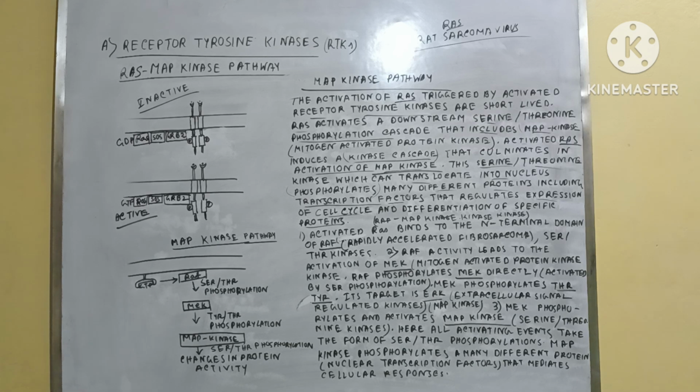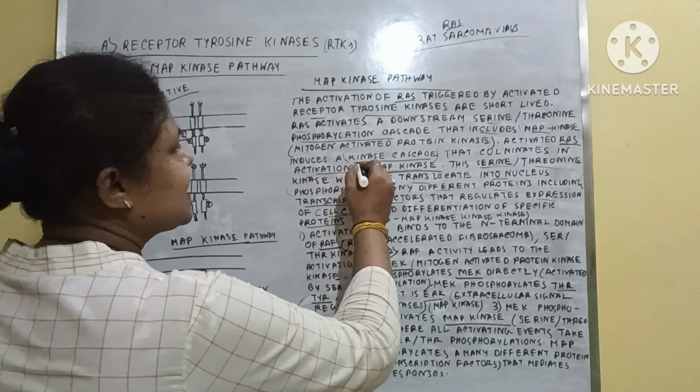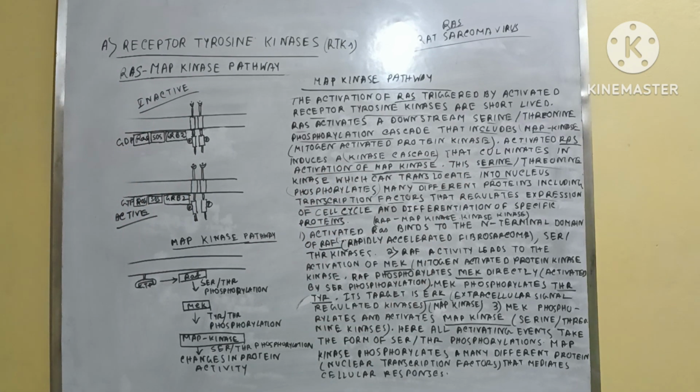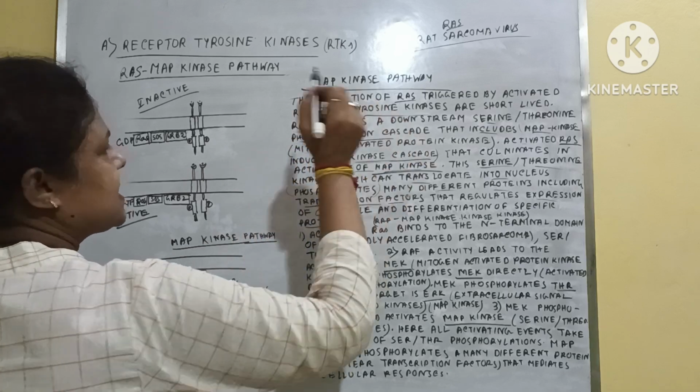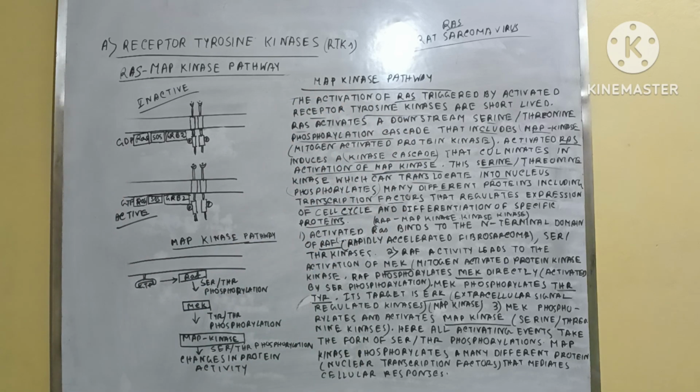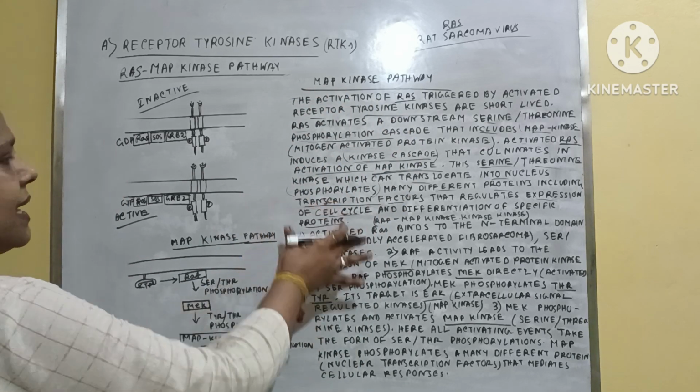So if RAS is activated, then it tries to increase the activity of the MAP kinase by a kinase cascade. Clear? Or phosphorylation cascade. Okay. So the process is like that.